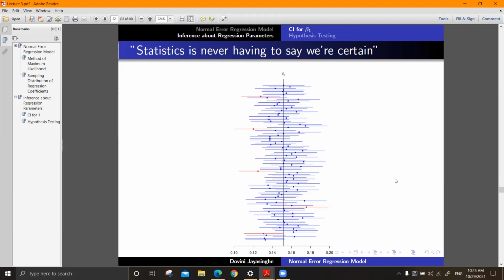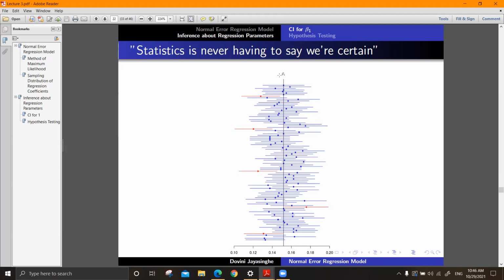What is the probability that the parameter is between the two values of the confidence interval? It is either 1 or 0. How do you say that? If it is a good sample, if the confidence interval really contains beta 1, then the probability that beta 1 lies between the two values is 1. That is 100%.